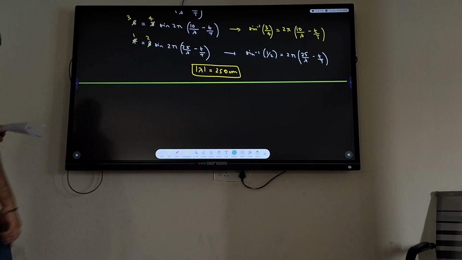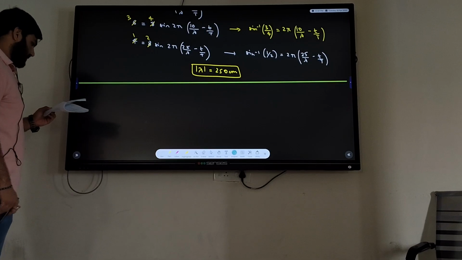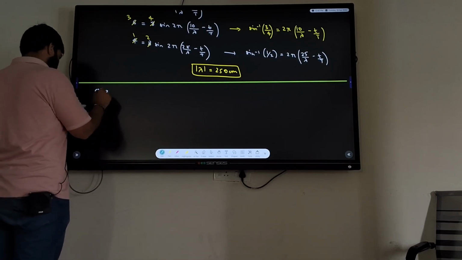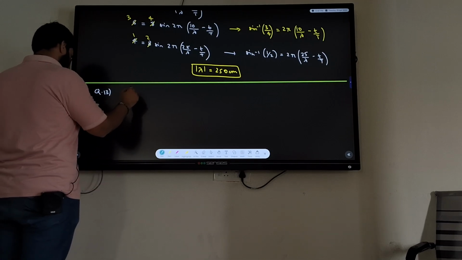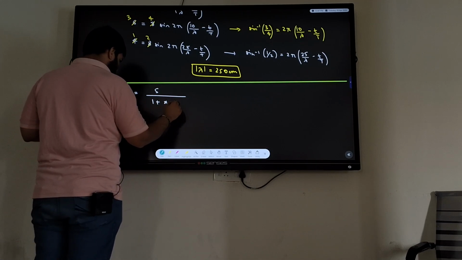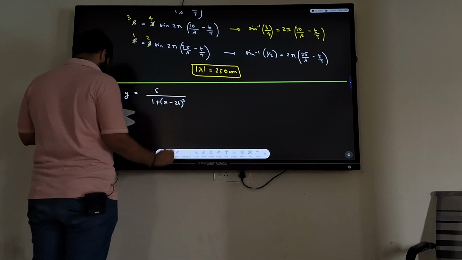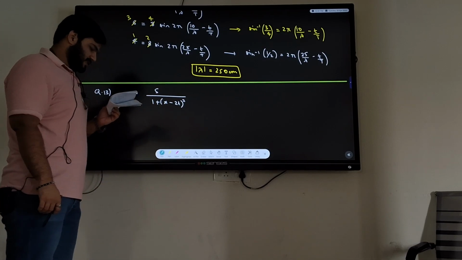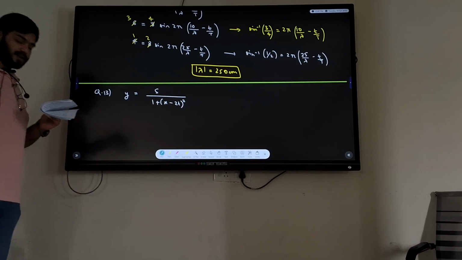It's given that the pulse function is given in question number 13: 5 upon 1 plus (x minus 2t) the whole square. Something like this. And then you have to plot this function at some points.